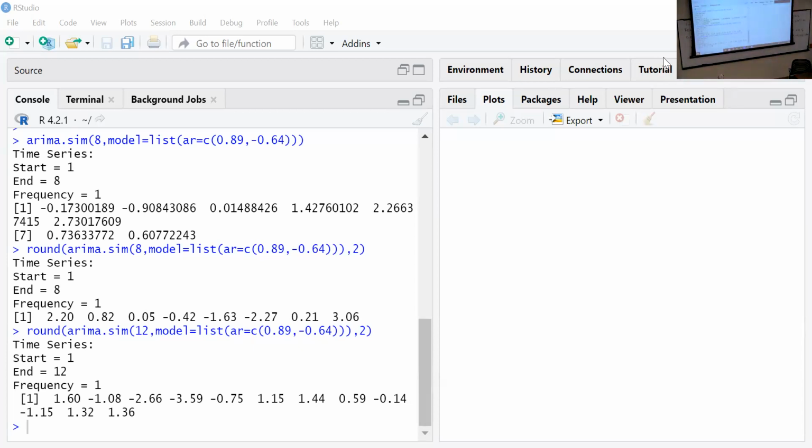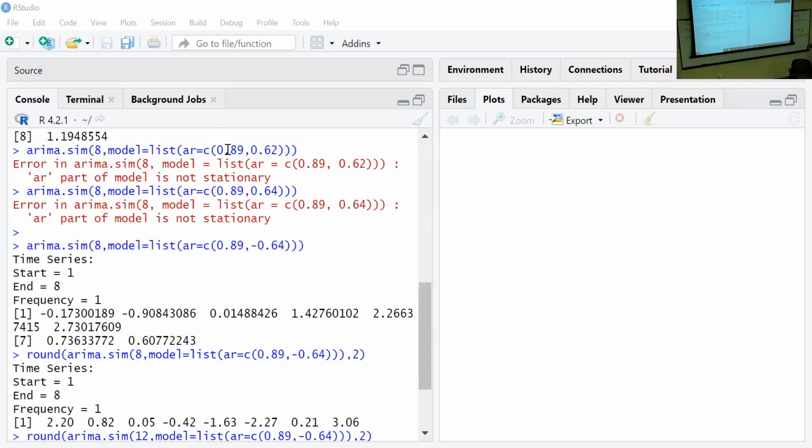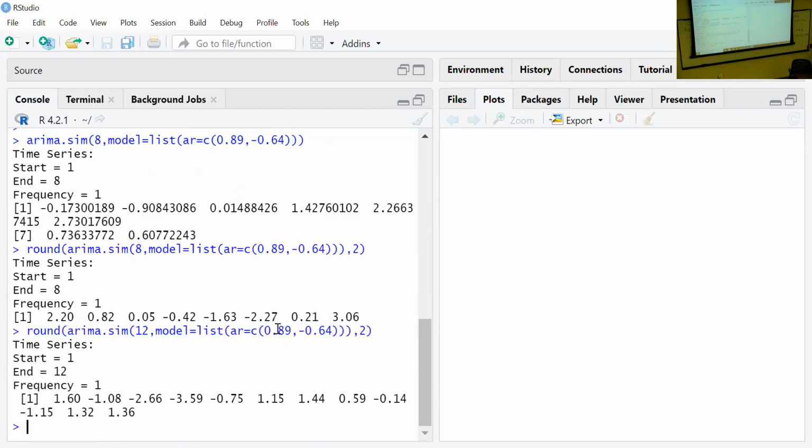So did we make a good estimation? I started with 0.62, that was my initial set of coefficients, 0.89, 0.62. I got an error, not stationary, so I changed it to 0.89, negative 0.64.